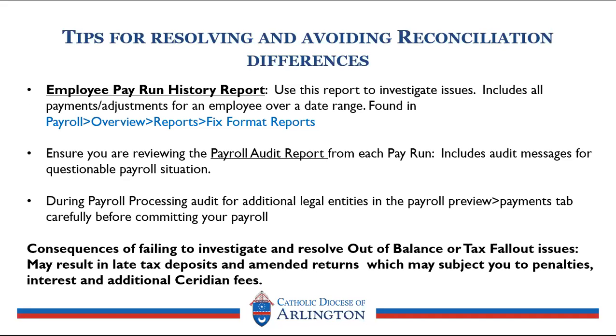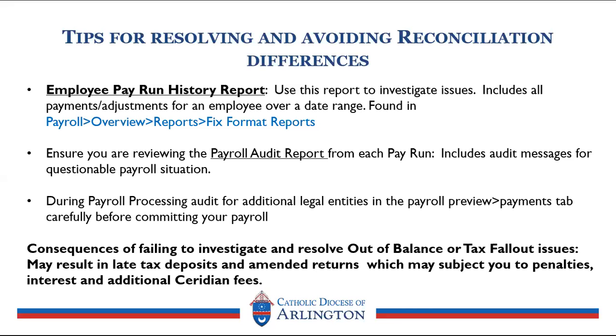Here are some tips for resolving reconciliation differences. Run an employee pay history report to investigate any issues found for a particular employee, as the report includes all payments and adjustments for an employee over a specified date range. Each payroll, make sure you are closely reviewing all audit reports and the problems panel for questionable payroll situations.